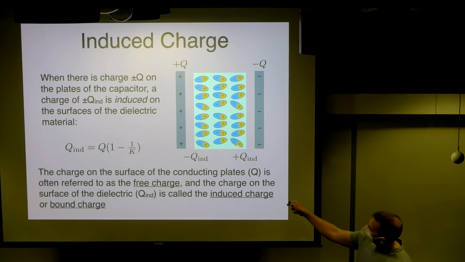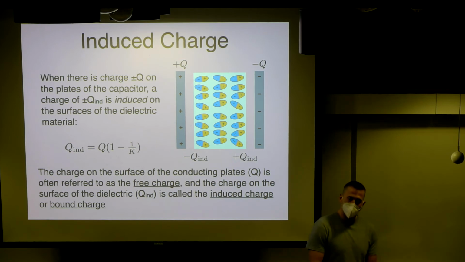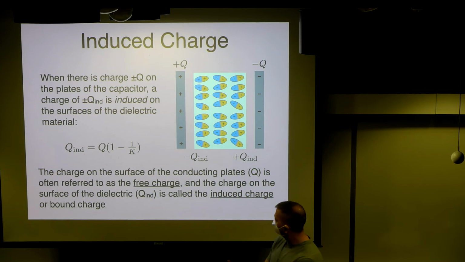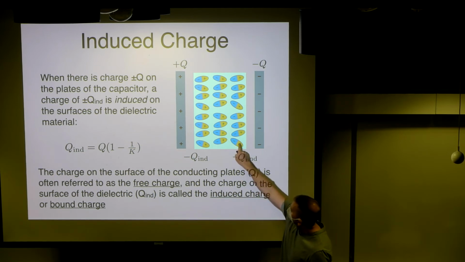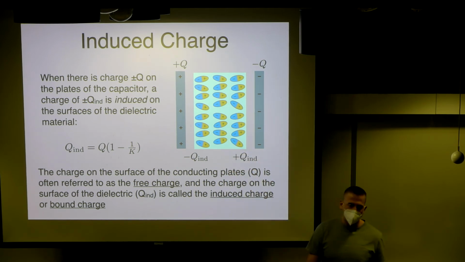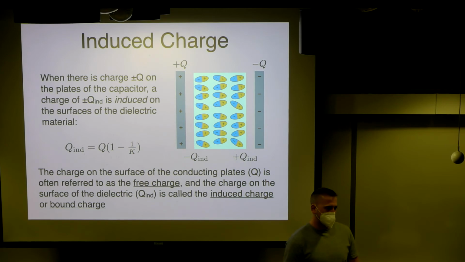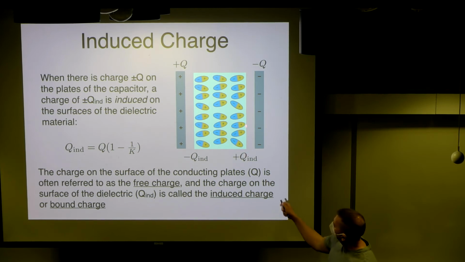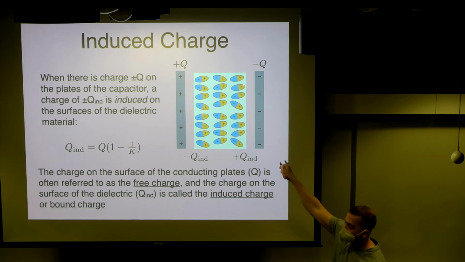Remember, these molecules are going to be oriented to face the same direction as the E field. So we're going to have positive charges going that way, negative charges going that way, and that's going to be true across the entire material. This is happening on a very, very large scale. But let's look at the very outer surface of our dielectric material over here.